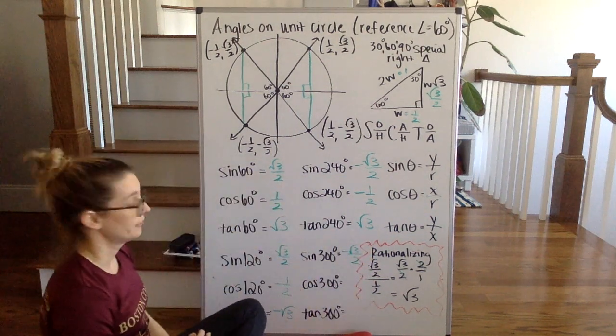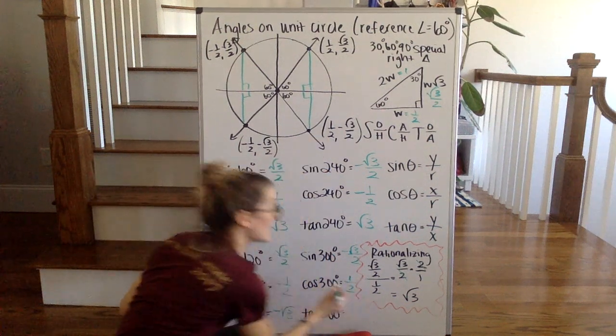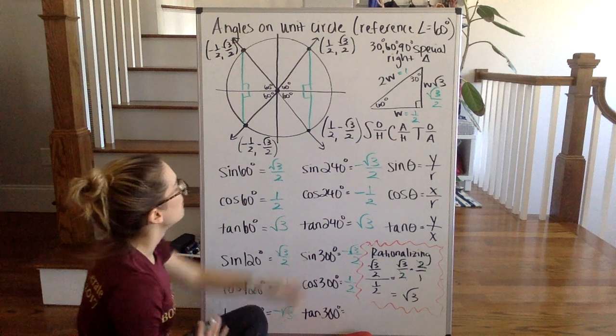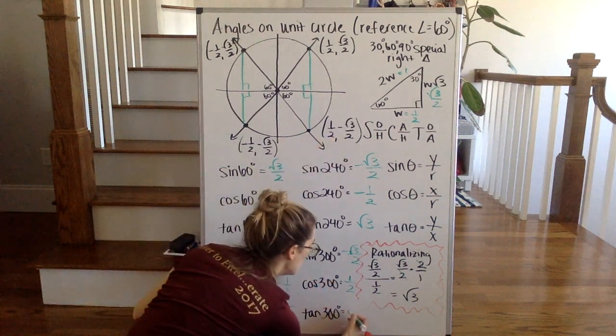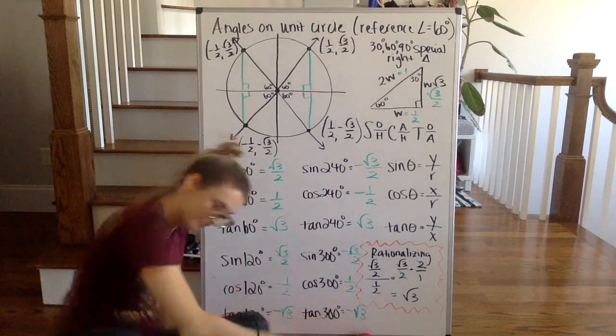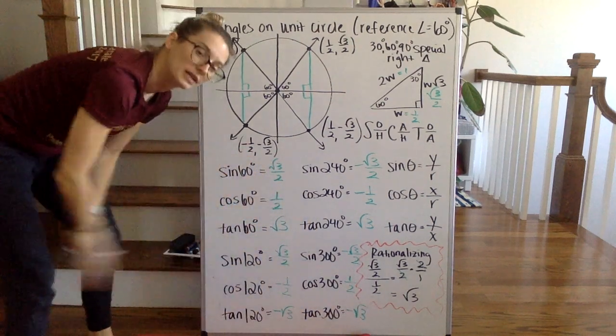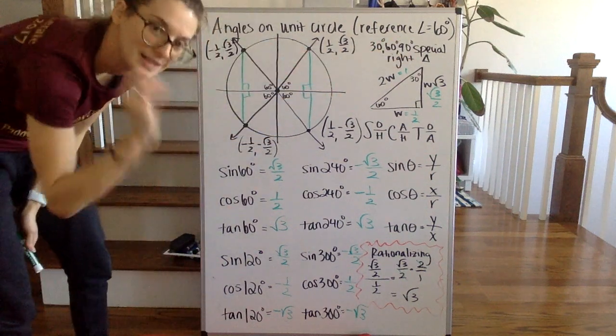So sine is negative. Cosine x coordinate divided by radius. Cosine is going to be positive 1/2. And finally, tangent y divided by x, a negative divided by a positive, that's going to be negative root 3. So those are your exact trig values for the 4 related angles that have a reference angle of 60 degrees.